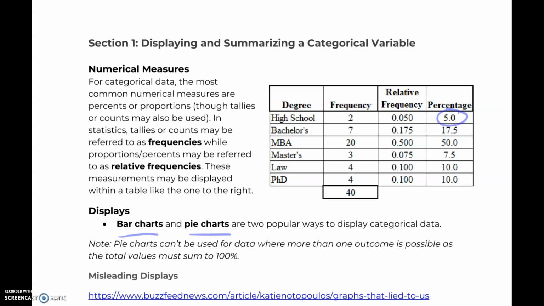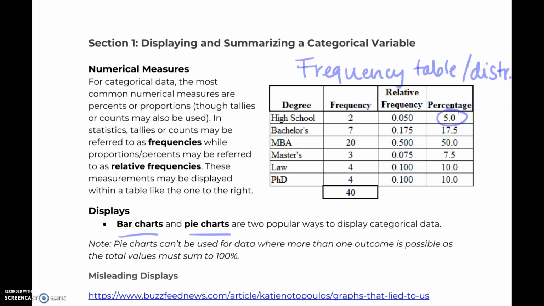We had 20 with an MBA, that's 50%, 3 with a master's degree, 7.5%, 4 with a law degree, and 4 with a PhD. So this is called a frequency table, or also called a frequency distribution over here.